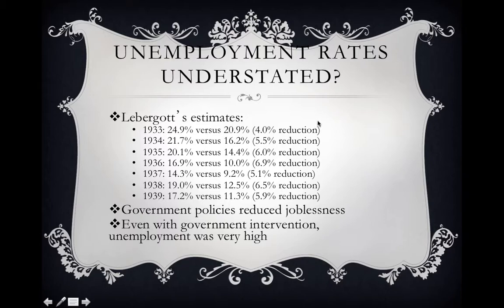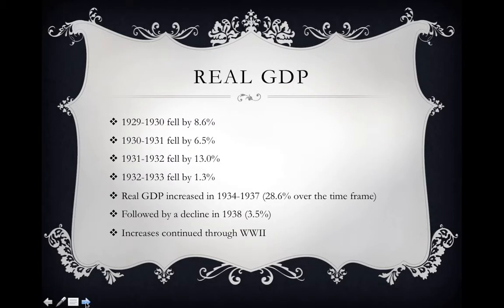So this gives you an estimate of how much these public works projects reduced the unemployment rate. So even with the government involvement here, the government was employing between 4 and 7% of the labor force on these public works projects, and still we had historically high levels of unemployment.